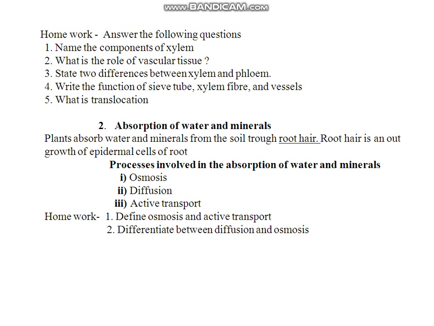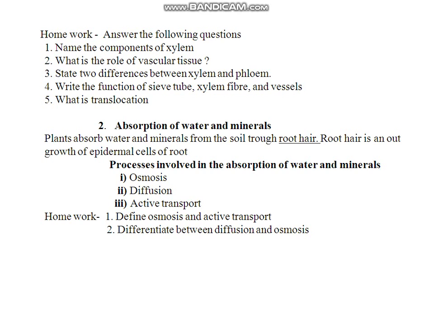Now, what is osmosis? Osmosis is the movement of water molecules or any other solvent molecules from the area of its higher concentration to the area of its lower concentration through a semi-permeable membrane.